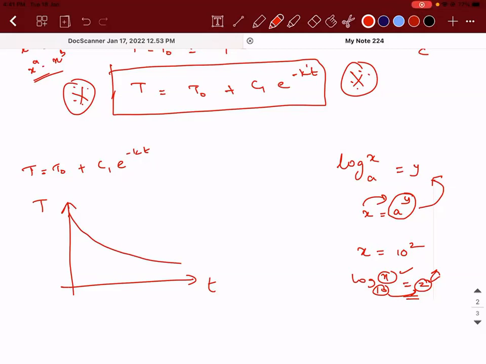Because when you put t is equal to 0, it will be some constant value, T naught plus C1. From there, it decreases exponentially. So this is a graph of the temperature of the substance varying with respect to time t.